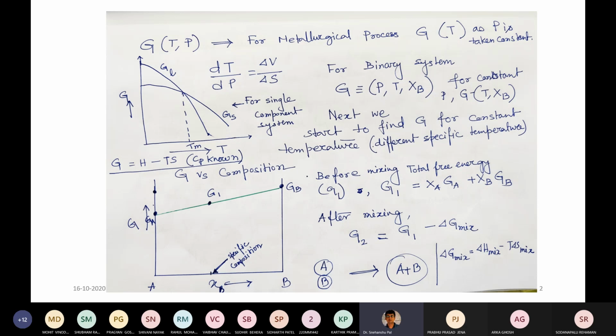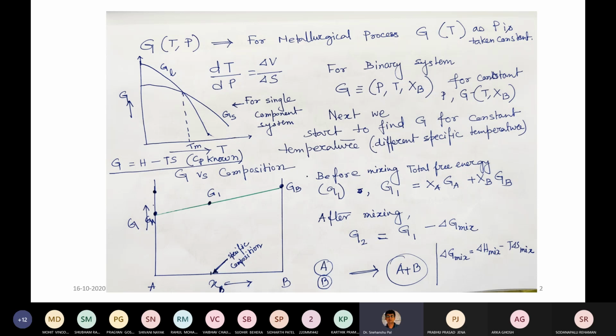As a whole you can write del G mix equals del H mix minus T del S mix. Del H mix is the heat absorbed or evolved during the step. It depends upon whether the A atom is repelling or attracting the B atom, or neither repelling nor attracting. These three scenarios can happen, and based on that, del H mix will have different values.